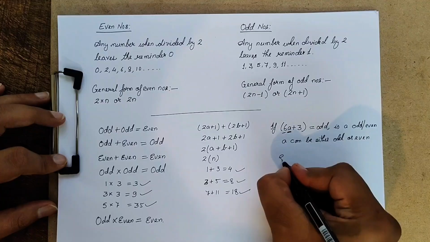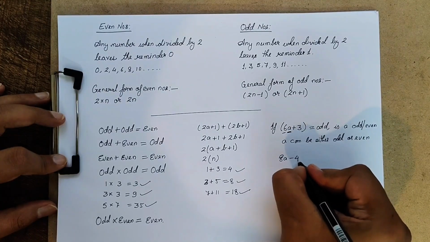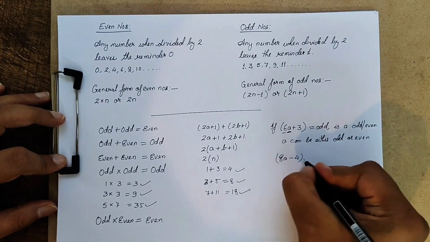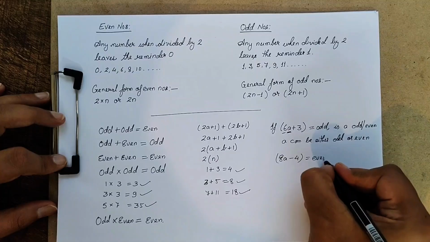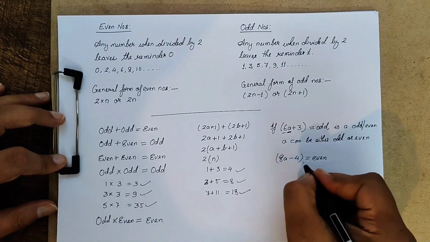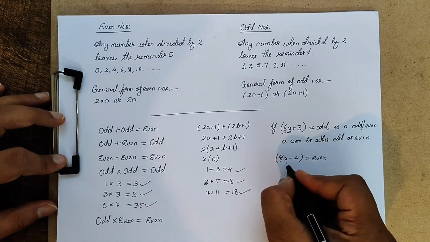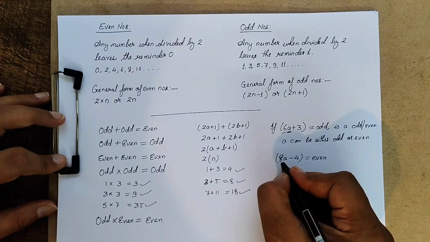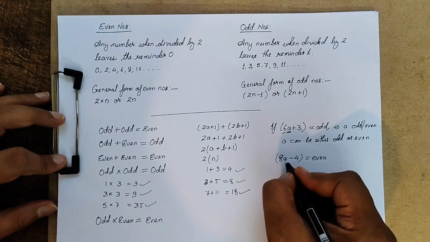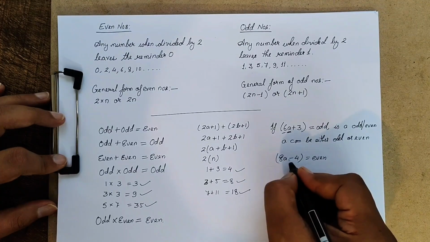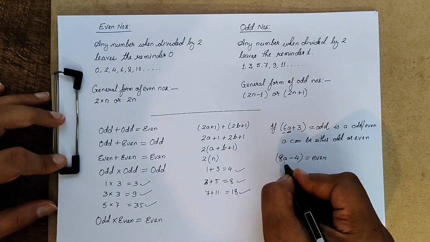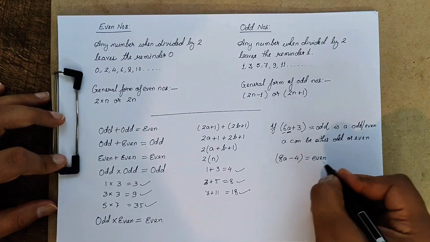Similarly, if we say 8a minus 4 equals even, is a odd or even? Here also a is being multiplied by an even number, and that always gives an even number, right? And even minus even is even.